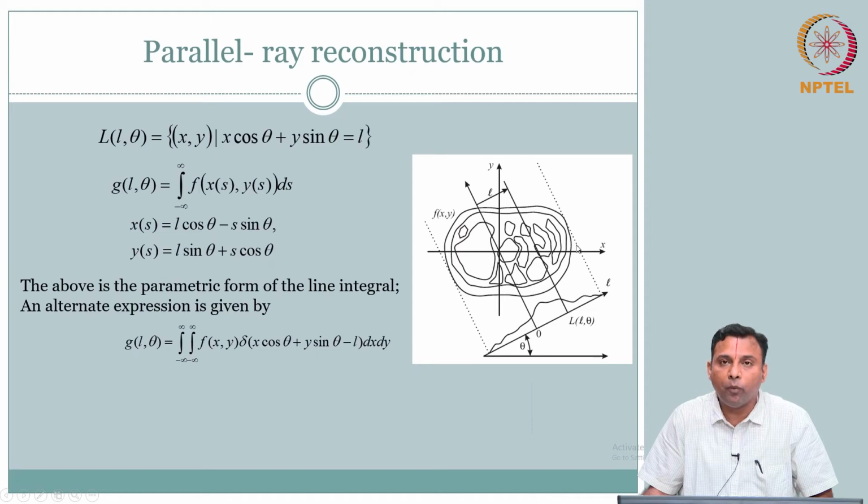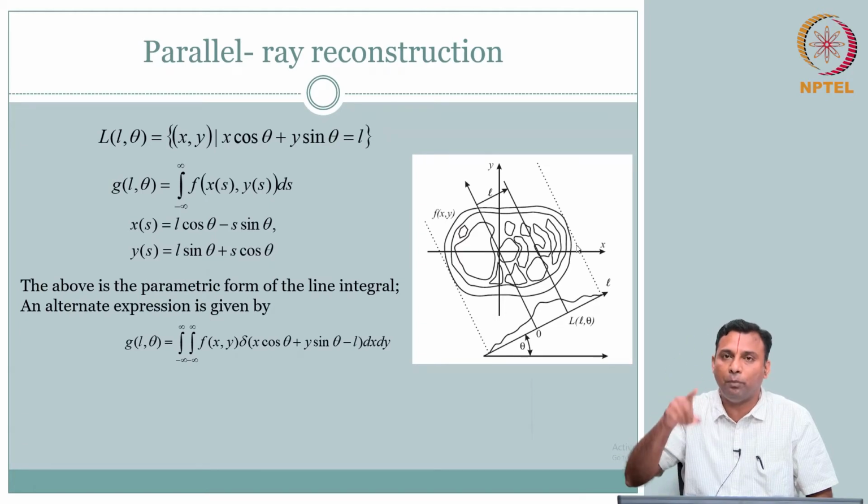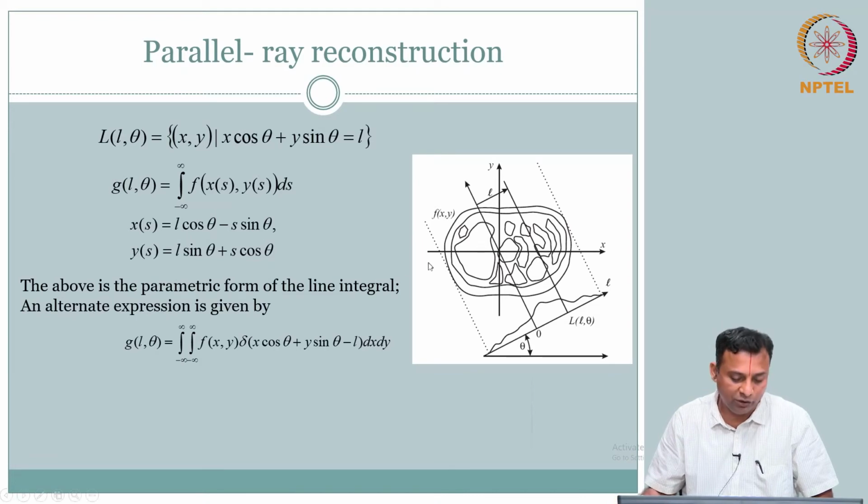Remember, we covered point delta and line delta. Why did we cover line delta? We said it will be easier if I want to pick a line from f of x comma y: I can define a line delta function and move it to pick values from wherever we want from f of x comma y. That is what we are doing here.